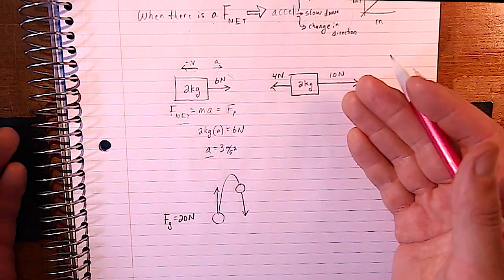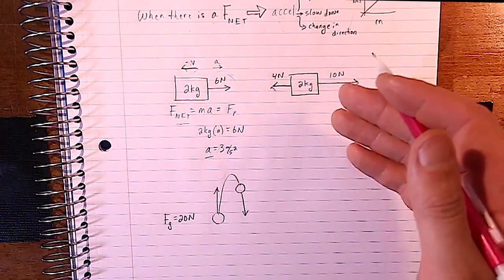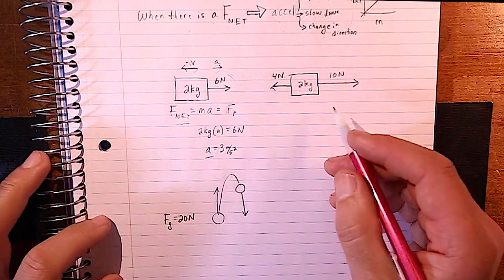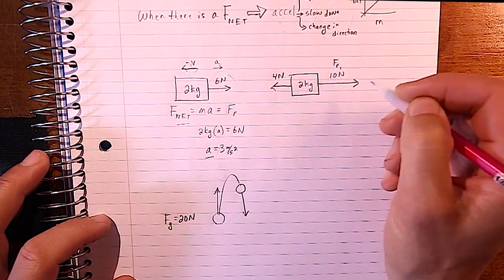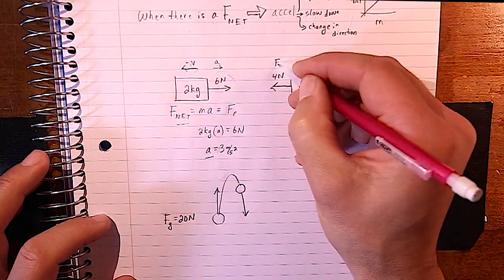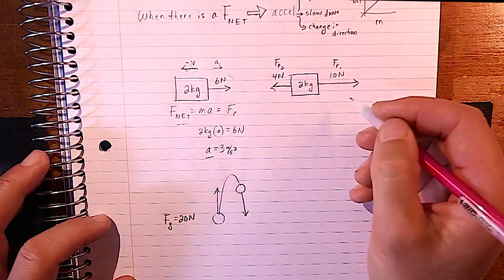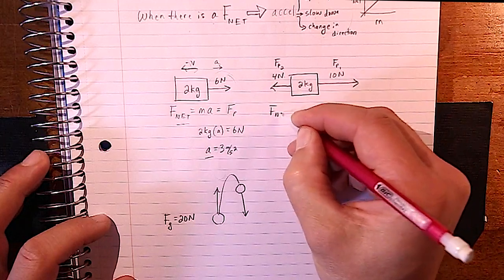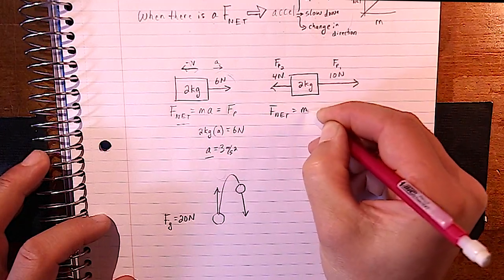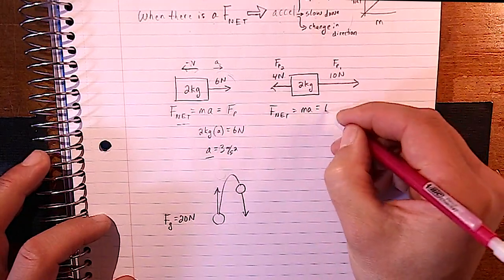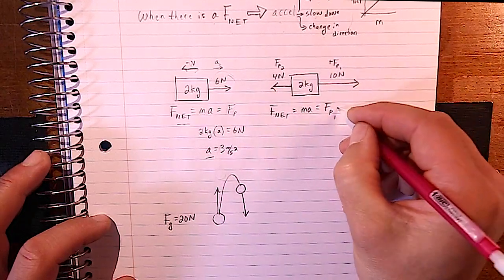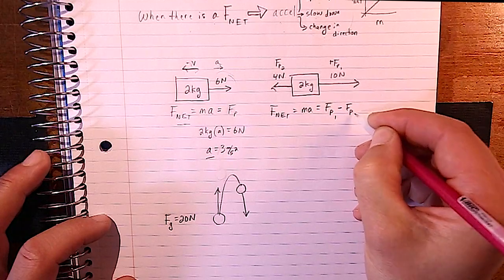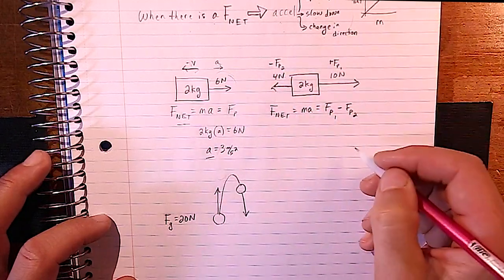I set this problem up so that you can see a different version of the same thing. Let's say we have two forces, force of push 1 and force of push 2. Then F net equals ma equals force push 1 to the right minus force push 2 to the left.